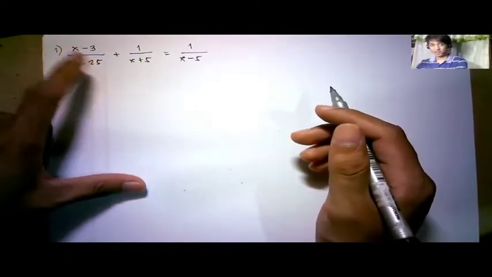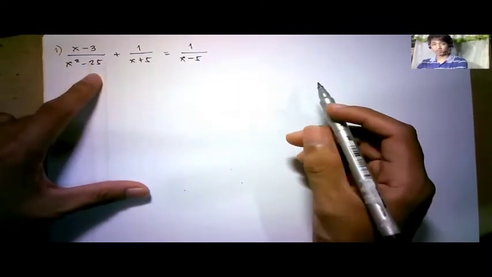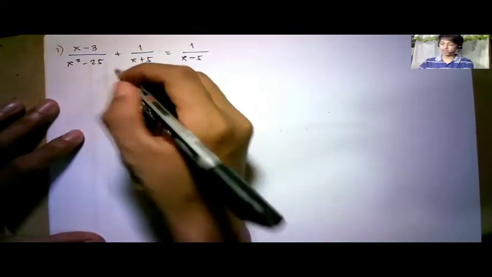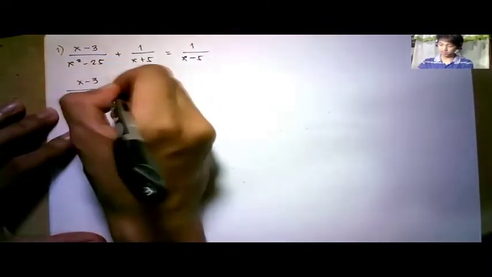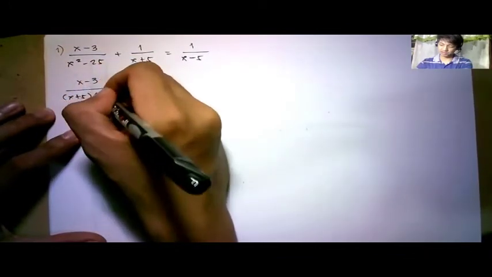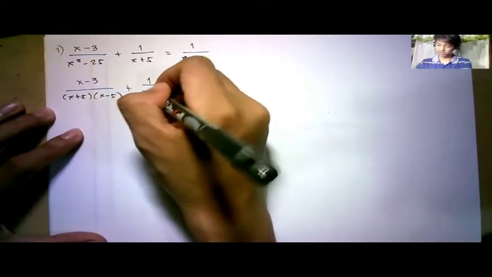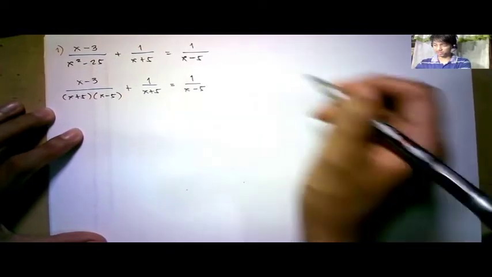X minus 3, yes, is in its simplest form, but the denominator x squared minus 25, we can simplify further. So let's simplify that. So x minus 3 all over x plus 5 times the quantity x minus 5 plus 1 over x plus 5 is equal to 1 over x minus 5.